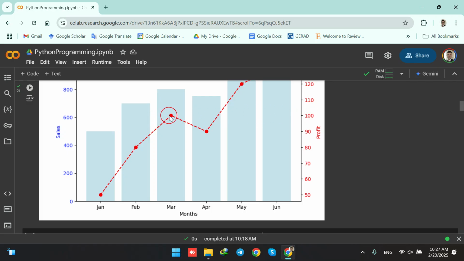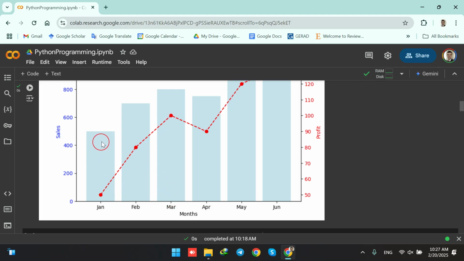Okay, so we see that when we compare these 2 points, in the month of January we had only like the profit of $50, let's say. Now we are having the profit of $100. So basically our profit somehow doubled. Okay, our profit somehow doubled from January to March.